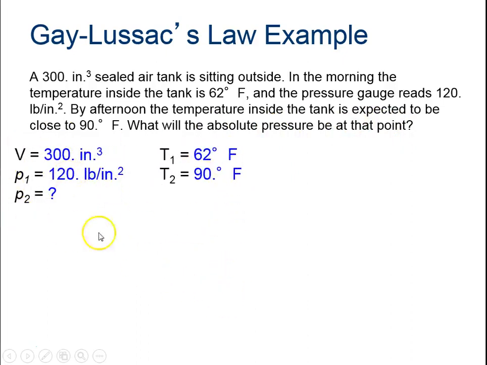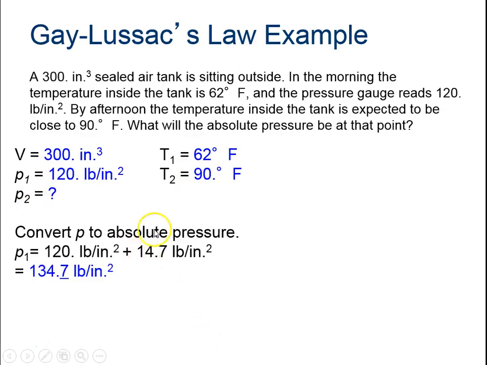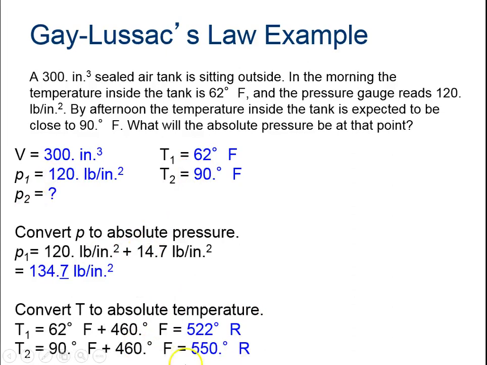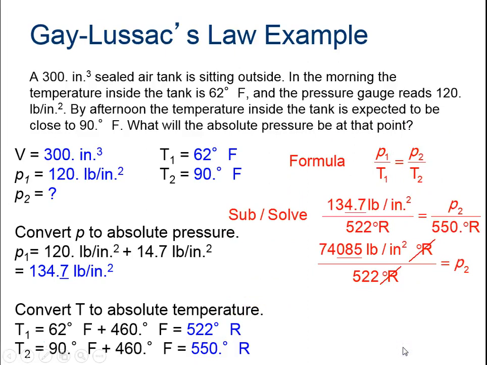So we carefully write down our variables from our problem, keeping track of which ones are initial and which ones are final. And then we convert over to absolute pressure. We also need to convert over to absolute temperature. If you don't convert to the absolutes, you won't get the right answers. Now we plug them into our Gay-Lussac's formula and literally solve for the missing variable.